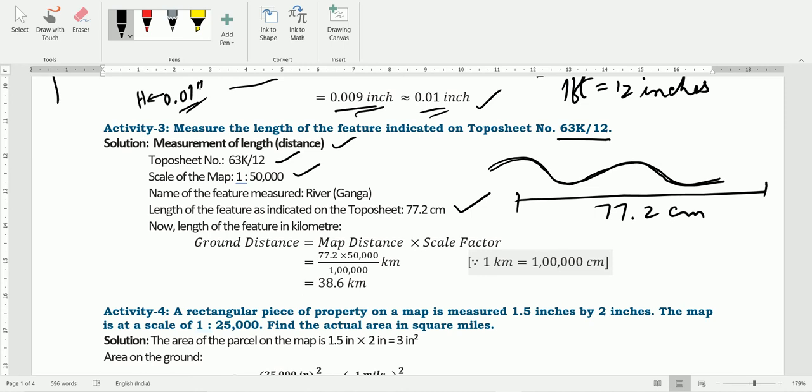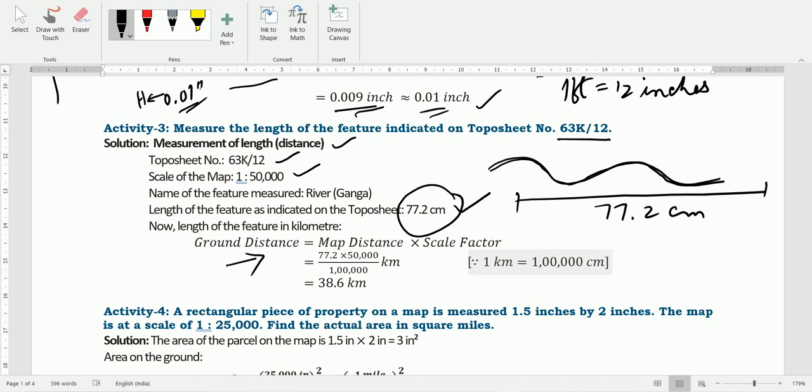To find the length of the Ganga river on the ground, here we have the formula: ground distance is equal to map distance multiplied by scale factor. So as usual, we multiply this map distance, 77.2 centimeter, by the scale factor.